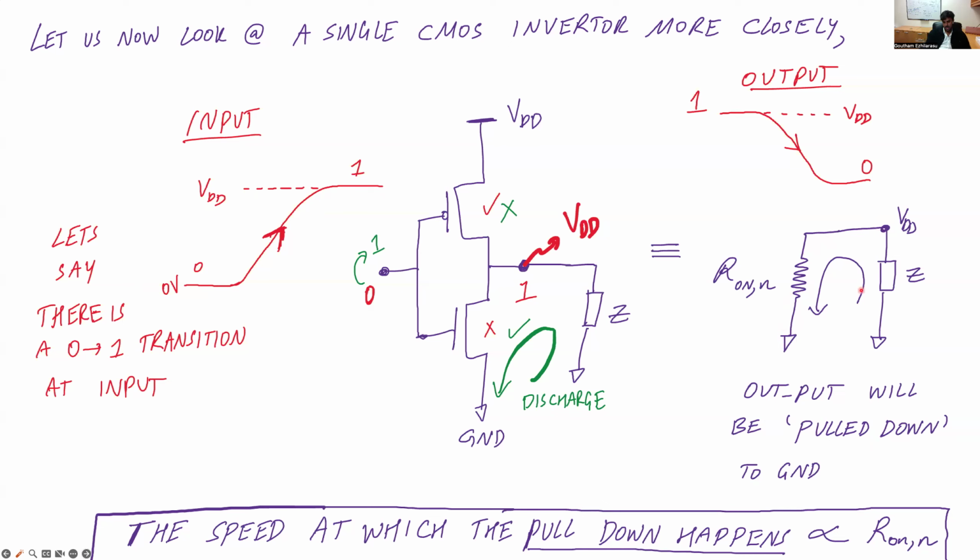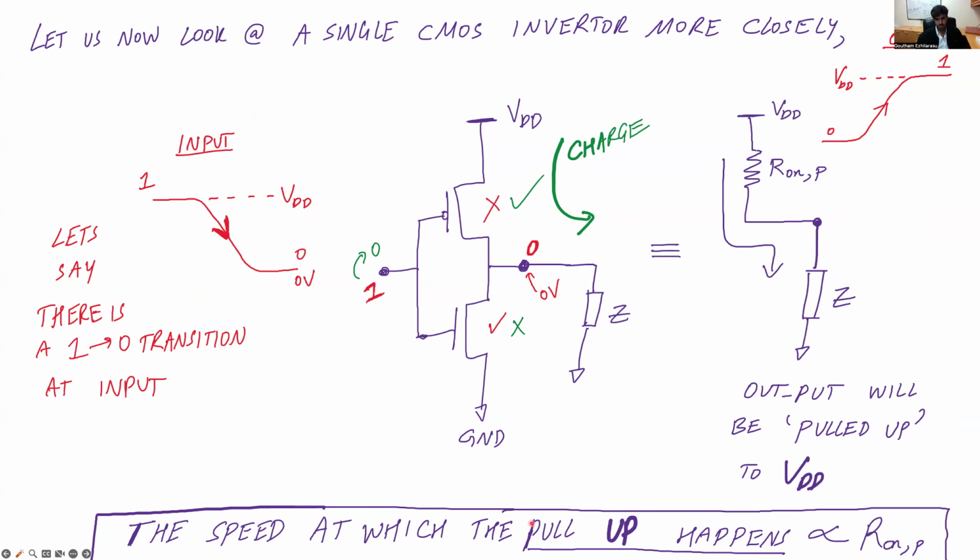If you look at this kind of discharge, it's very easy to see that the speed at which this pull down happens is going to be proportional to this on resistance. Why is that the case? Imagine the on resistance was very high. If the on resistance was high, it's going to limit the amount of current that's going to go to the ground. Therefore, the rate at which this voltage VDD is going to fall to ground is going to reduce. But if this on resistance is small, then the current is not limited very well. Therefore, there could be a large current helping this VDD to discharge all the way to ground.